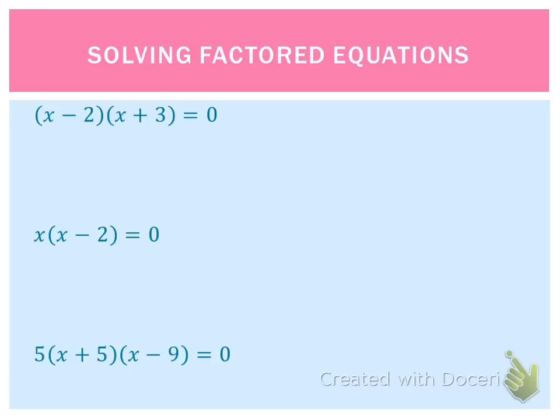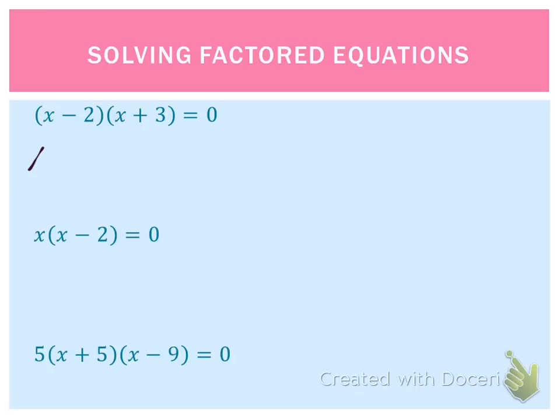As you noticed yesterday, these expressions that we were doing were not put equal to 0, but today they are. I have x minus 2 times x plus 3, and they both equal 0. So what I'm going to do is I need to solve each of these equations for 0. The easiest way to do that is I can make this two separate problems.